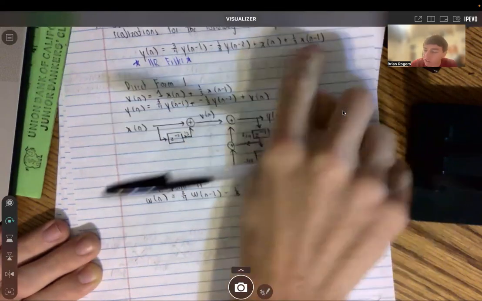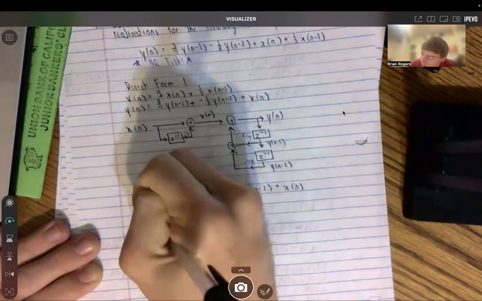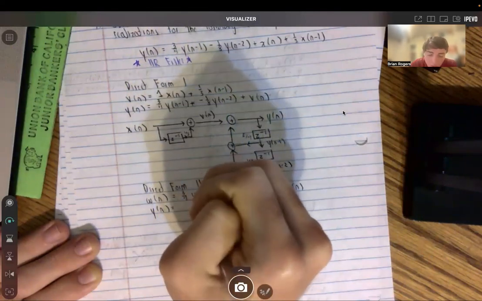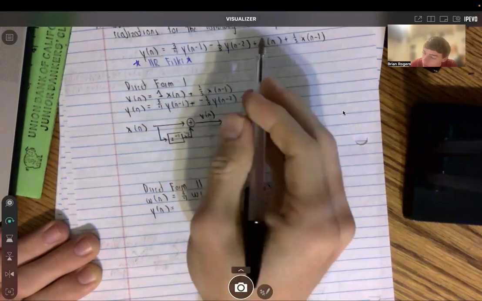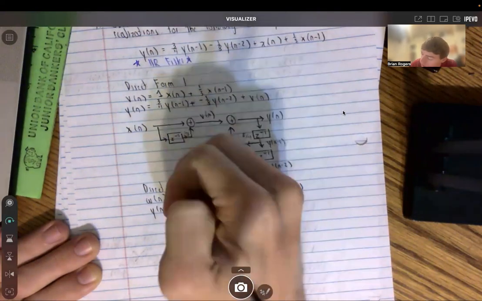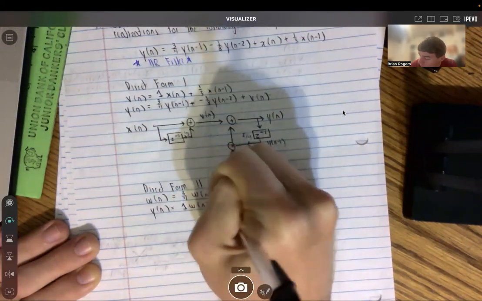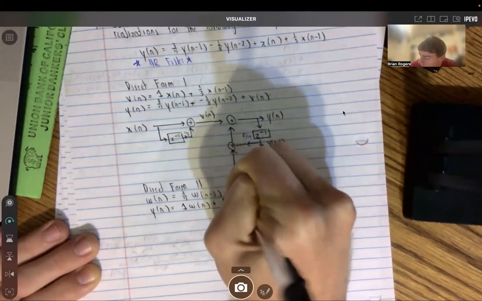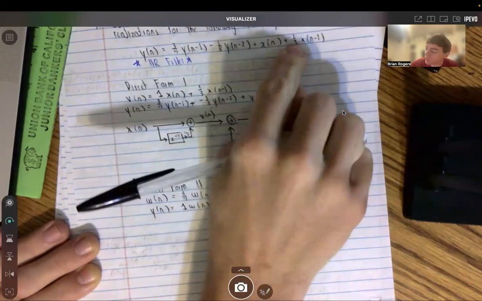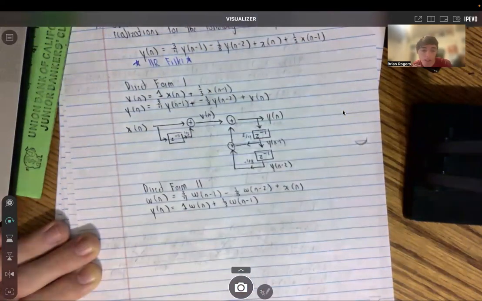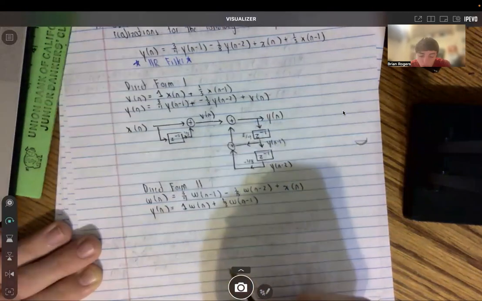The rest of the terms are just x of n here. And then your y of n is going to equal your coefficient here, which is 1, so 1 omega n plus 1/3 omega n minus 1. You just substitute in omega for your x here, and copy that down for your y of n. So that's how you set up the direct form 2.